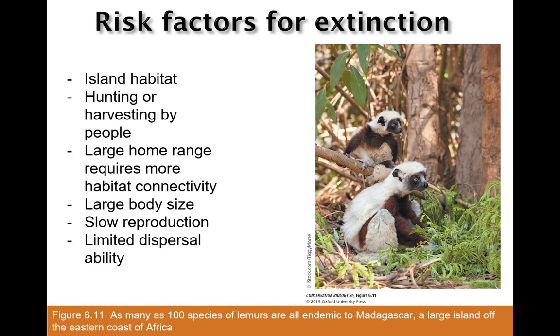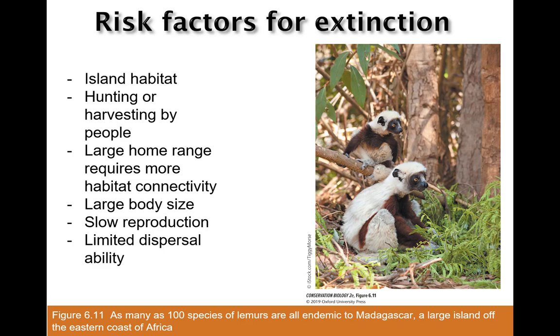Large body sizes: those species with large home ranges often tend to have large body sizes as well. And a species with large body size also tends to reproduce slowly, so that they can raise those young up over many years until they reach sexual maturity, which is usually at an older age than smaller species.